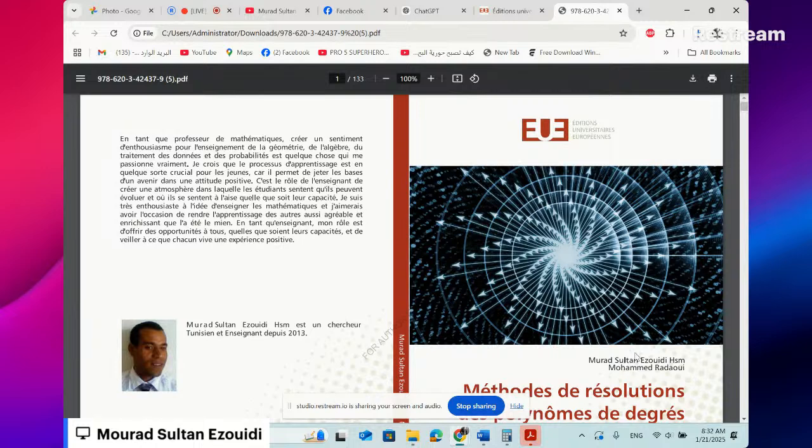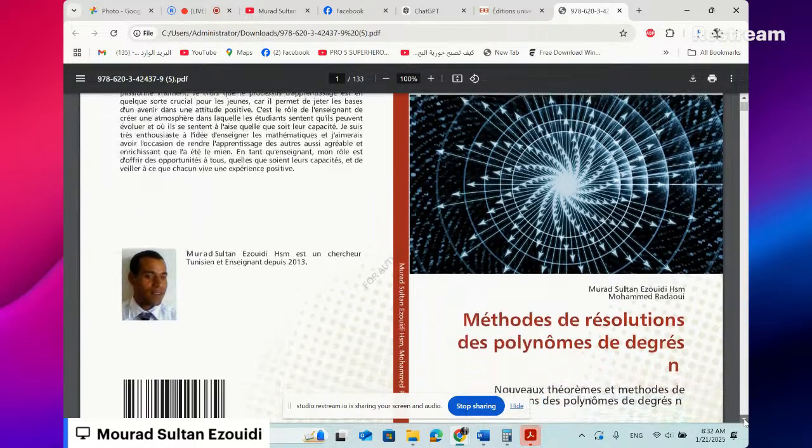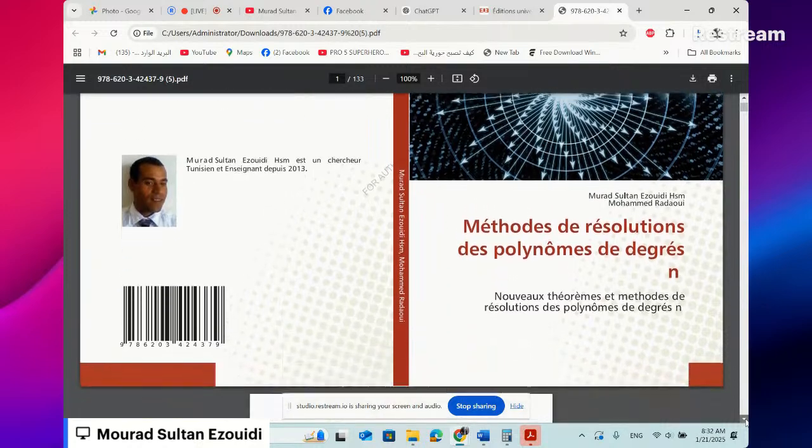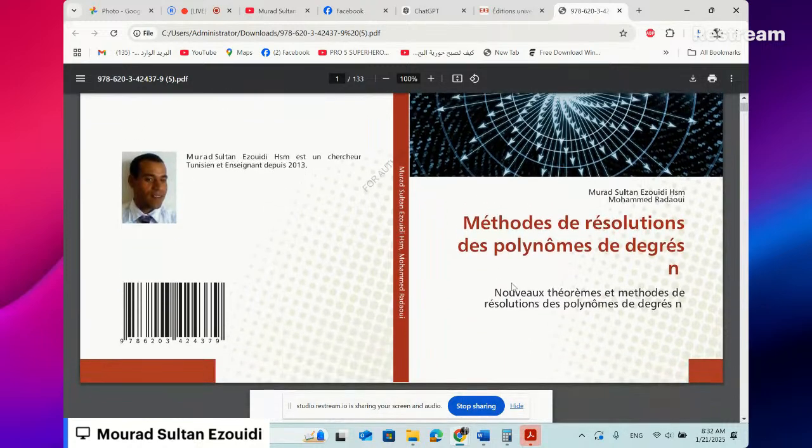So this book had been written and discovered by Mr. Murad Ezouidi and revised by Professor Muhammad Radewi, my best professor in mathematics while I was in school. It's called New Theorem and Methods for Solving or Searching the Exact Roots of Any Nth-Degree Equation.